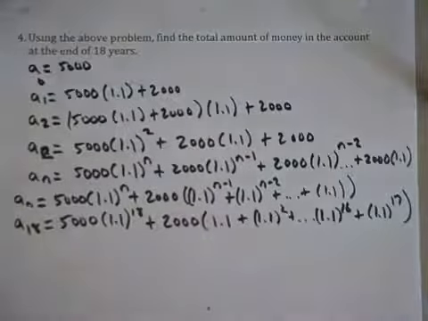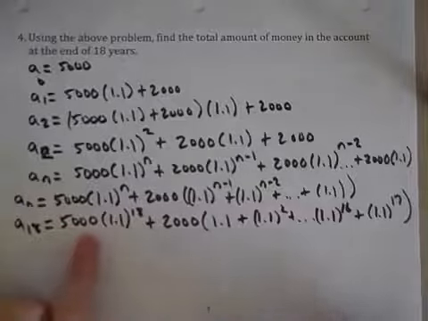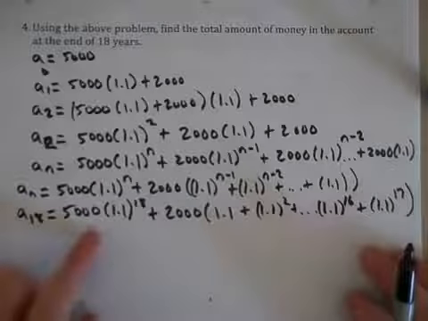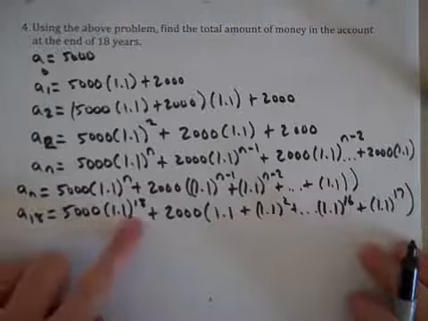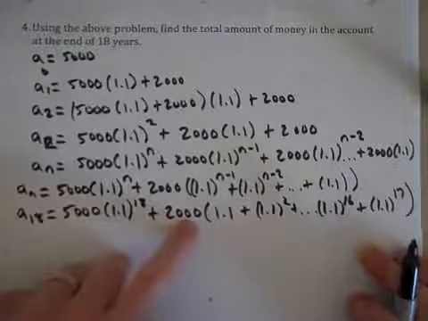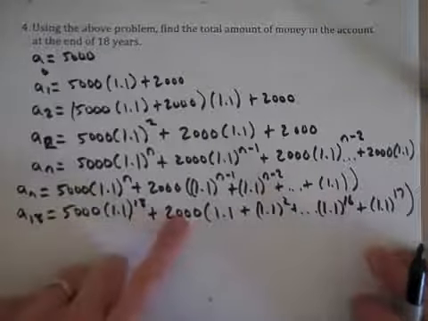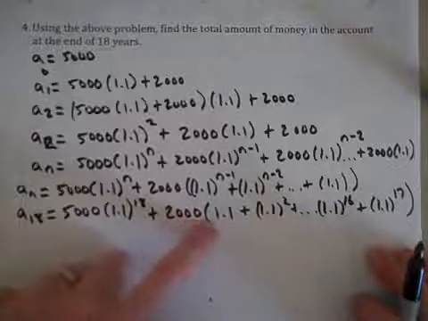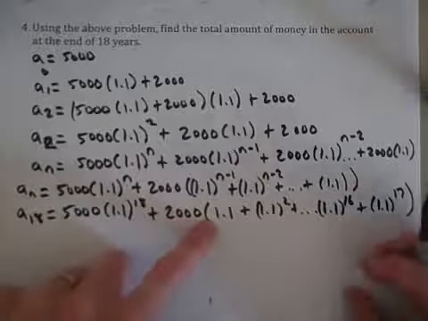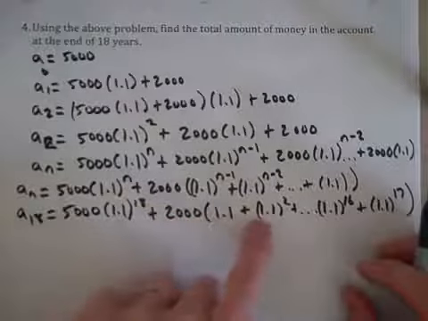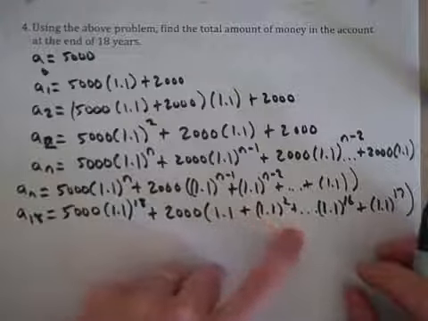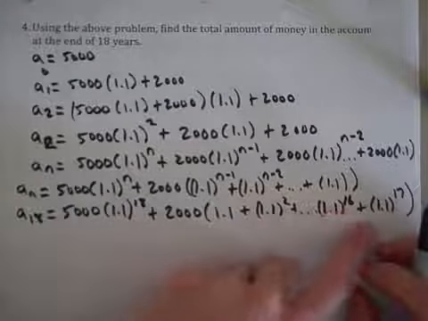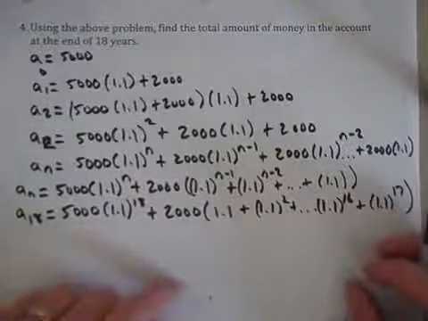Here's my interest based on the $5,000 initial investment times 1.1 to the 18th. Then every year I'm putting in $2,000 and I'm getting interest over the course of the 18 years. So 1.1 plus 1.1 to the second plus dot, dot, dot, 1.1 to the 16th plus 1.1 to the 17th.